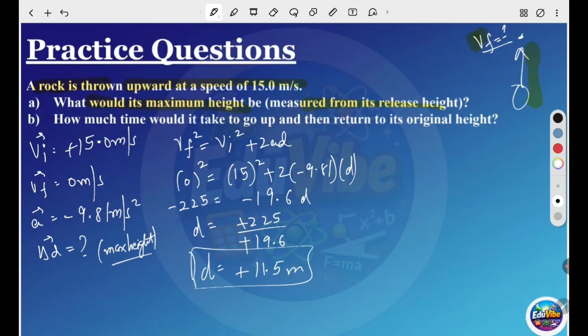So this is the distance from here to here, about 11.5 meters. It goes upwards, so that's why it's positive.